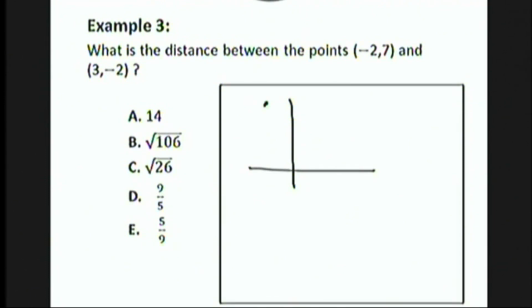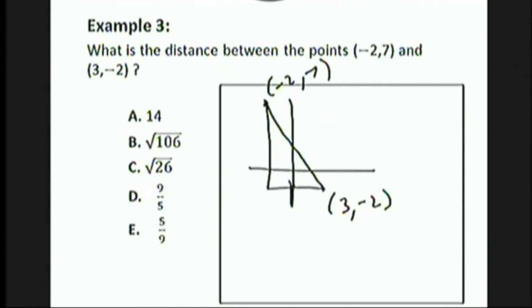So let's say the point -2, 7 is about there, and the point 3, -2 is about here, and we want to find this distance. We could turn this picture into a right triangle like this. And it might be worth noting that this is the point -2, -2.